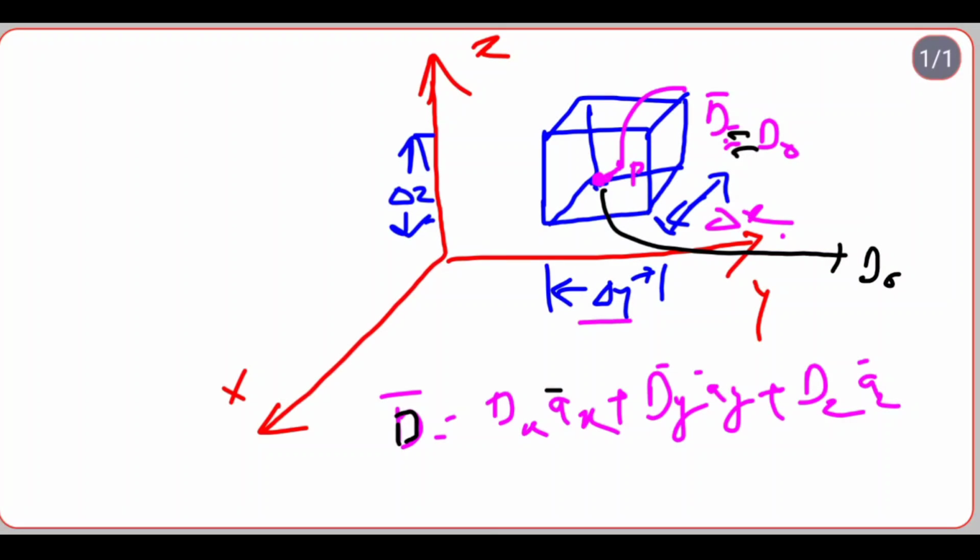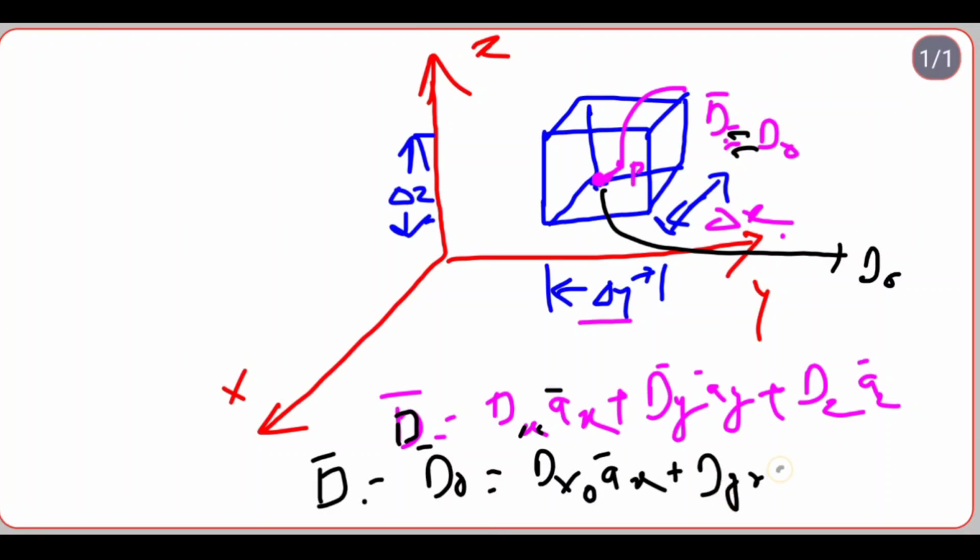Let D bar equal to D naught, that is equal to Dx naught ax plus Dy naught ay plus Dz naught az, because it is already written in terms of components.